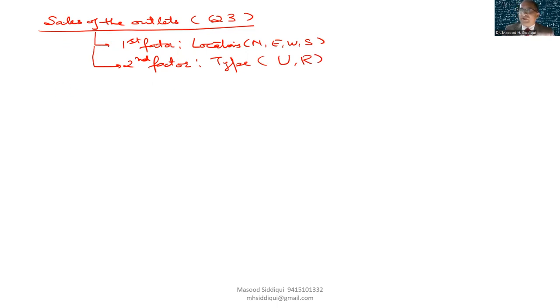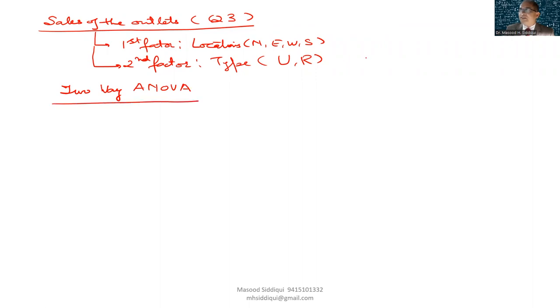If we want to examine the impact of these two factors on the dependent variable, this concept is known as two-way analysis of variance, or two-way ANOVA, because there are two factors.